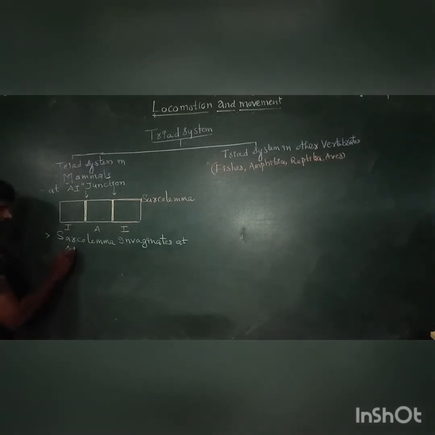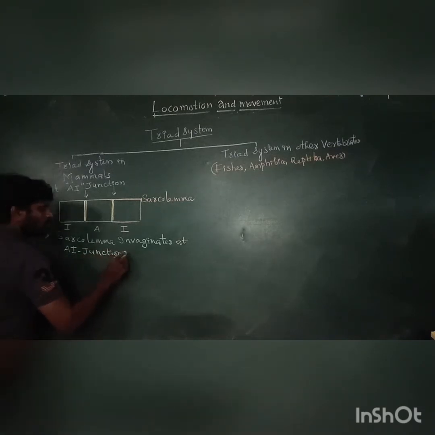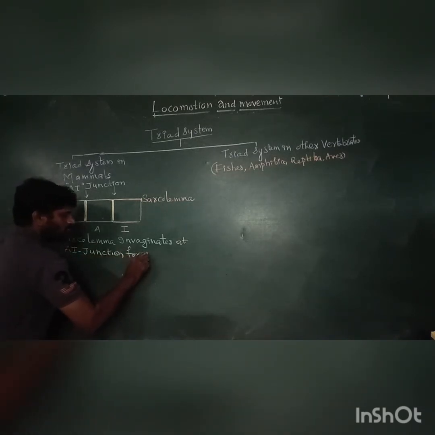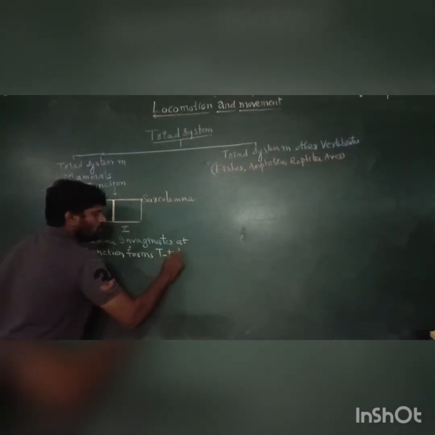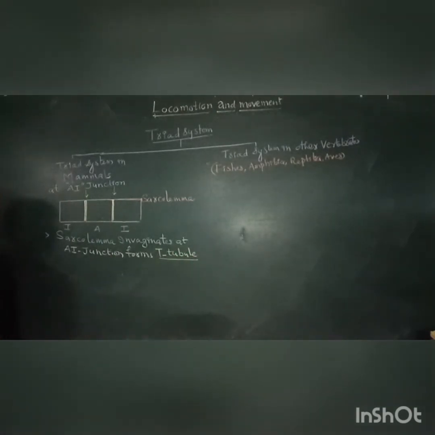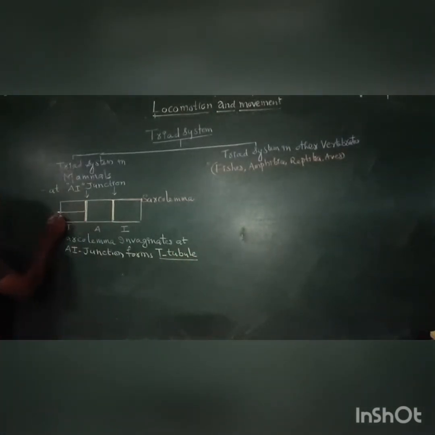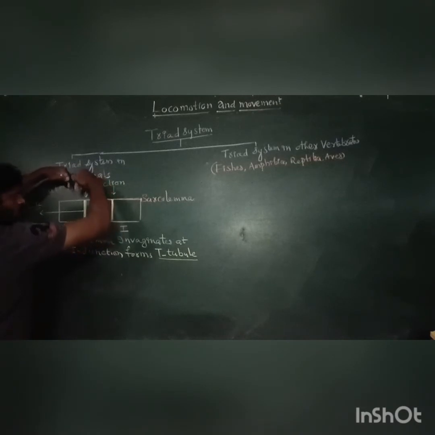And then this is the A band. See, this is the Z line, and the I band is halved by the Z line. In this case the triad is at the Z line. Again, the sarcolemma undergoes invagination and forms the T tubule at the Z line, and another T tubule at the Z line.